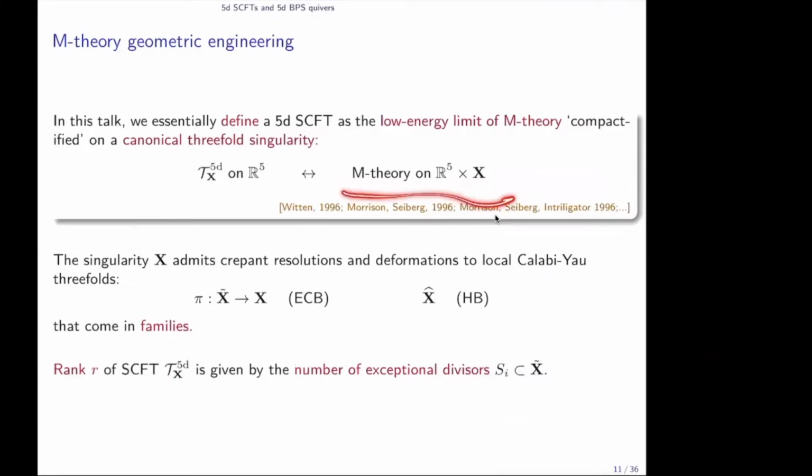So we put M theory on R5 times a canonical singularity, essentially a threefold Calabi-Yau type singularity. And the claim is that at low energy in the transverse space to the singularity, you get a 5D SCFT. One reason we see that is because we can resolve the singularity to a smooth threefold.